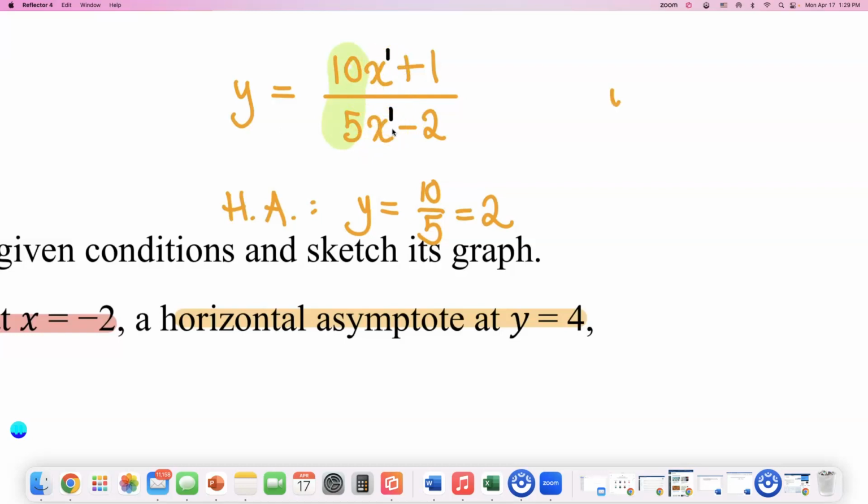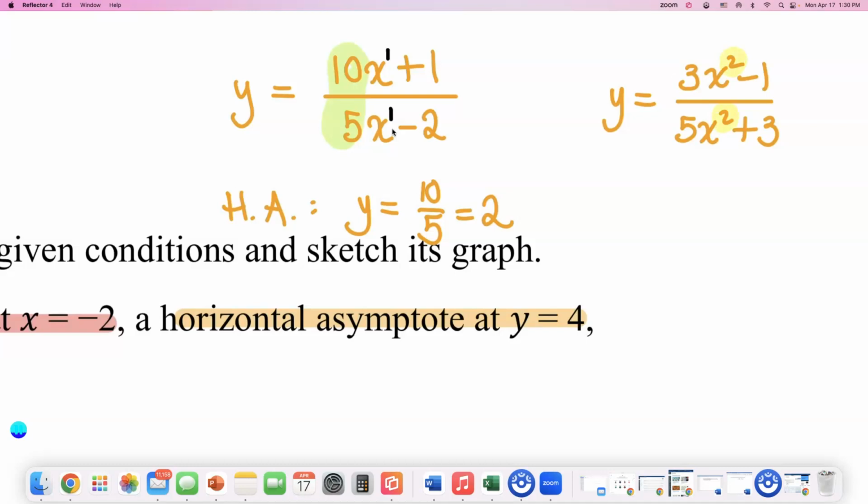So if it was something like, I'm going to make up something else, 3x squared minus 1 over 5x squared plus 3, then notice that the degree of the denominator and the numerator are both 2.